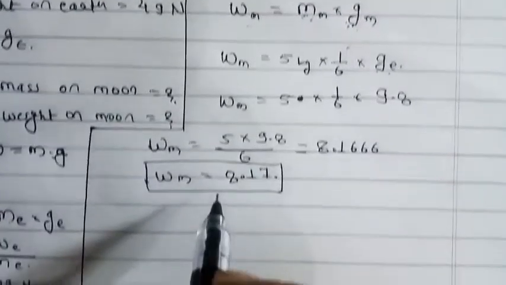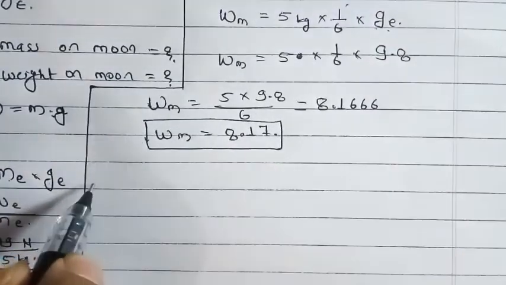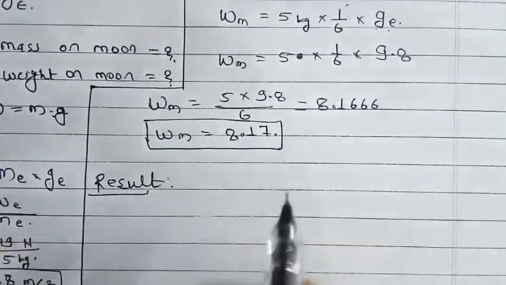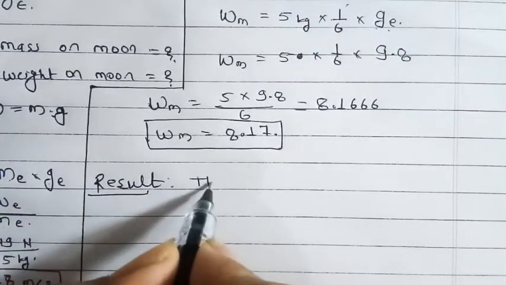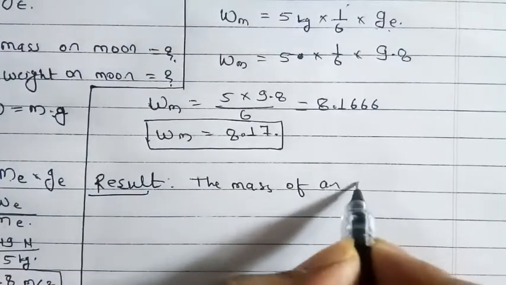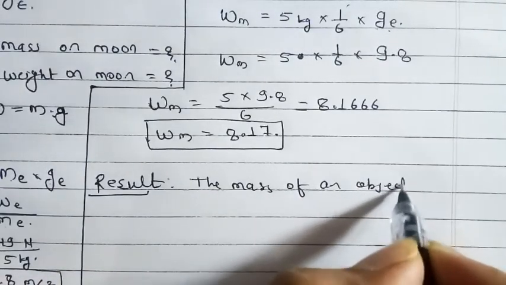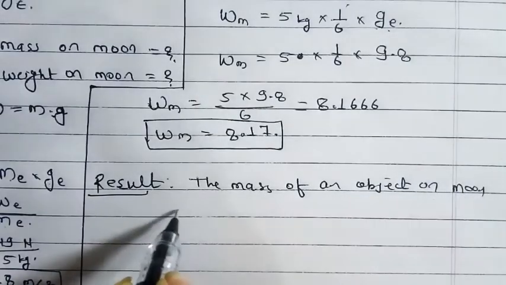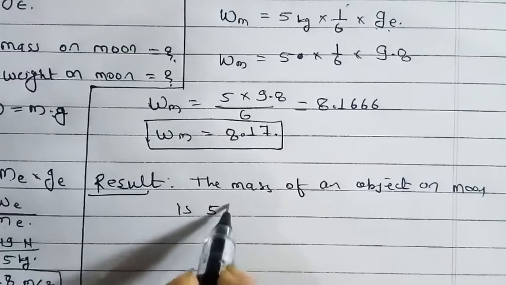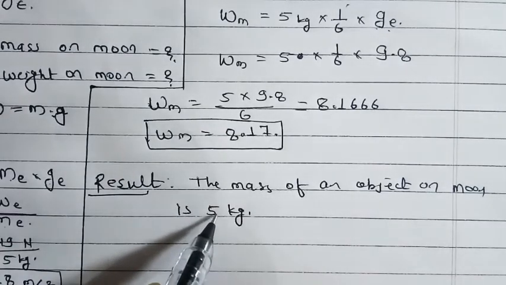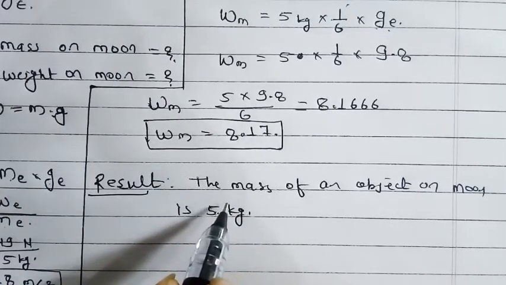Now we have to write the result. So the result will be: the mass of an object on moon is 5 kg, because the amount of matter is nothing but the mass and it remains constant all over the universe.